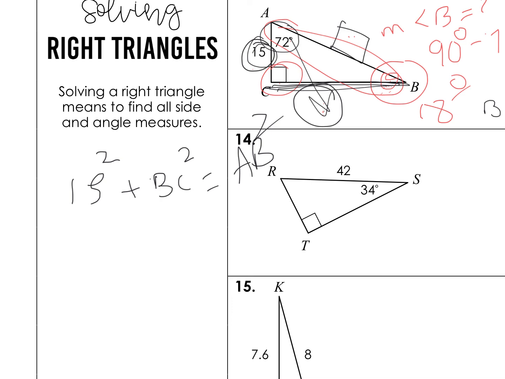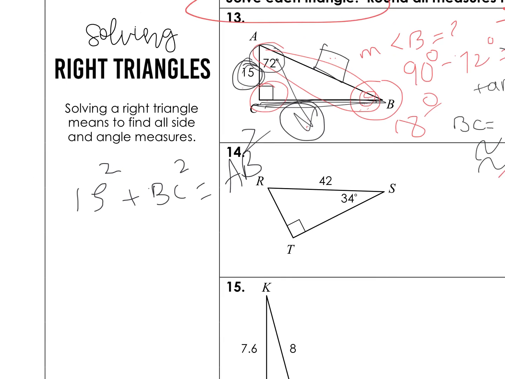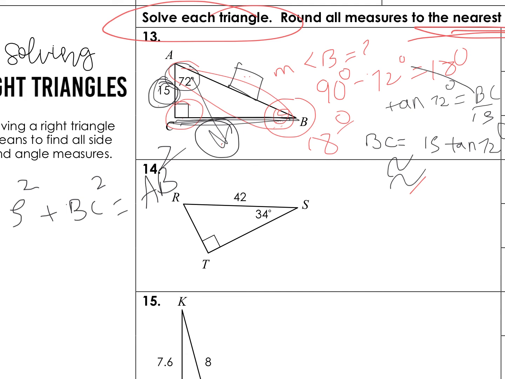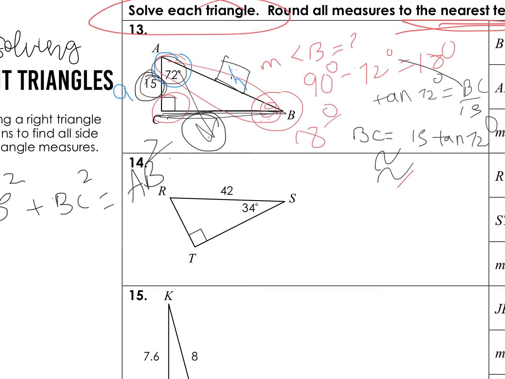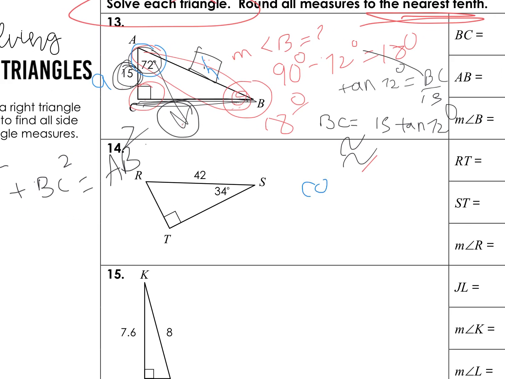If you don't want to do the Pythagorean theorem, we could do it using adjacent over hypotenuse. If I'm using the 72, adjacent over hypotenuse, you could do the cosine. You could say cosine of 72 degrees is 15 over AB.